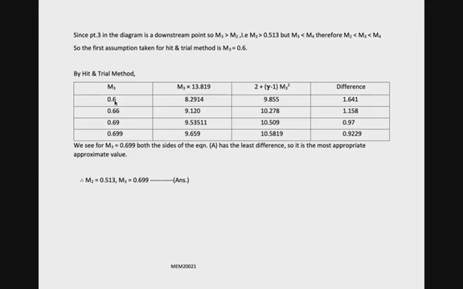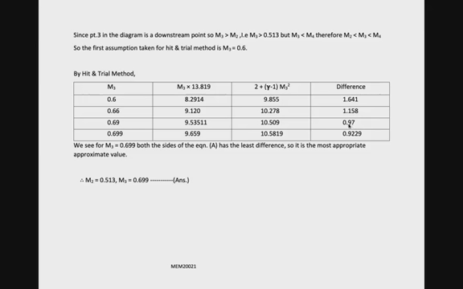Putting 0.6 in equation A, we get the left hand side equal to 8.29 and the right hand side equal to 9.855, and the difference between them is 1.641. Further, with assumptions, we put values of M3 as 0.66, 0.69, 0.699, and you can clearly see the difference.